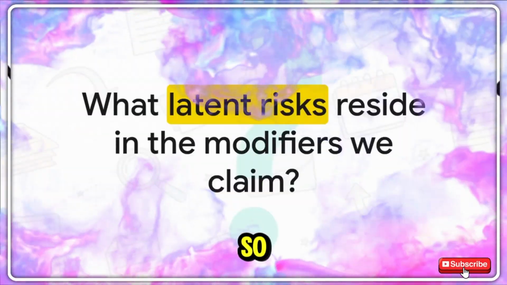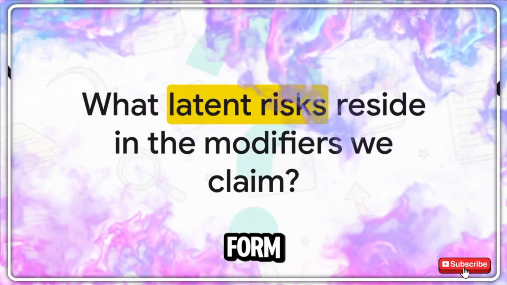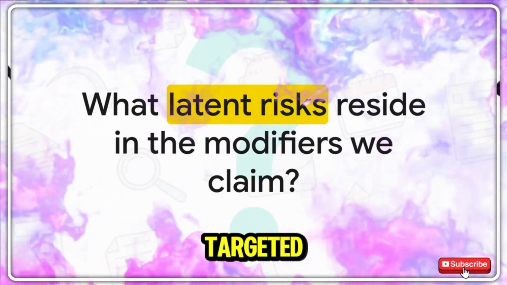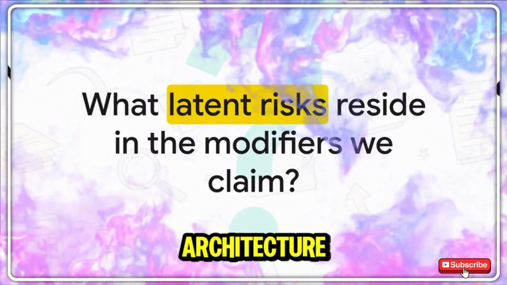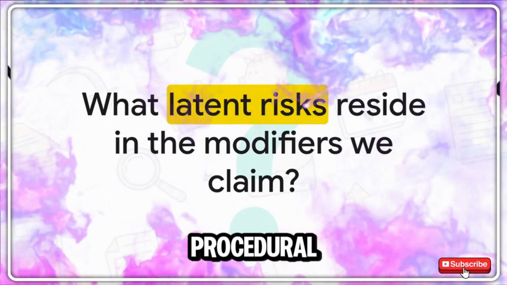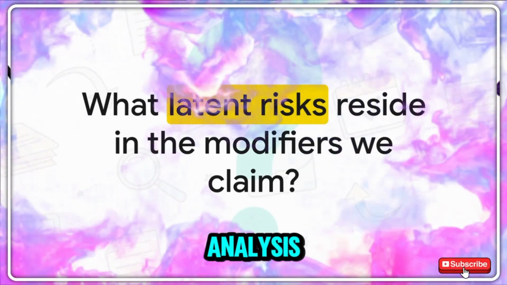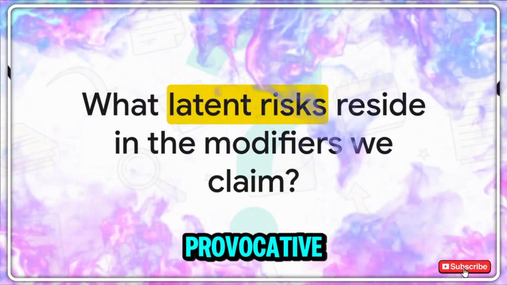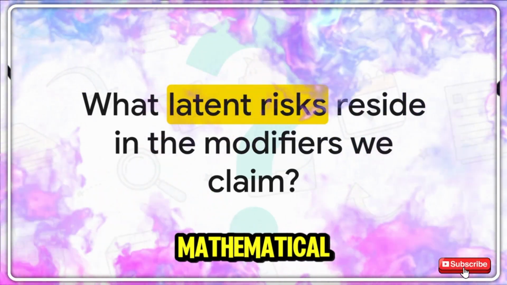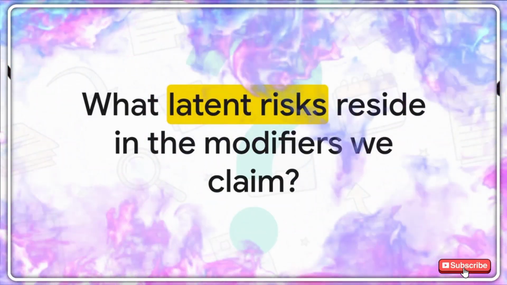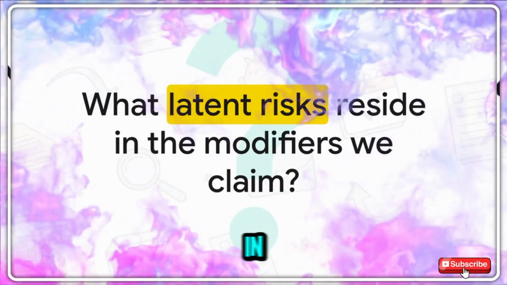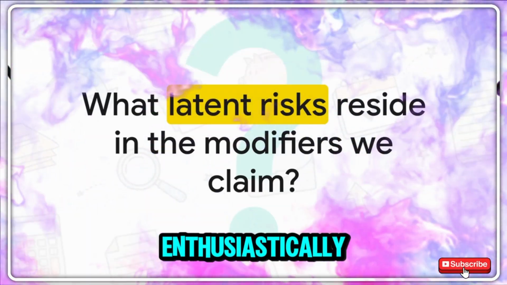So we've deconstructed the primary form, analyzed those hyper-targeted modifiers, mapped out the tri-column amendment architecture, and outlined the rigid procedural timelines. To wrap up this analysis, I want to leave you with a pretty provocative thought. If the mathematical architecture of tax reporting is this rigidly interconnected, what latent risks reside in the modifiers we enthusiastically choose to claim today?